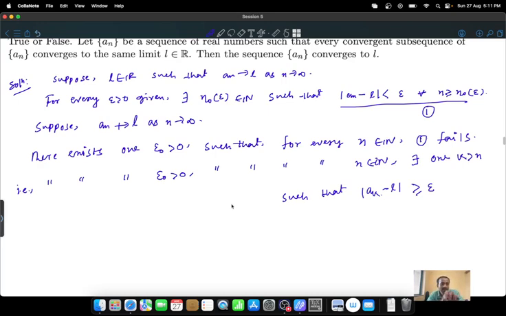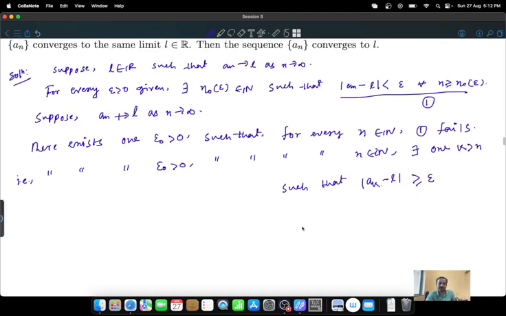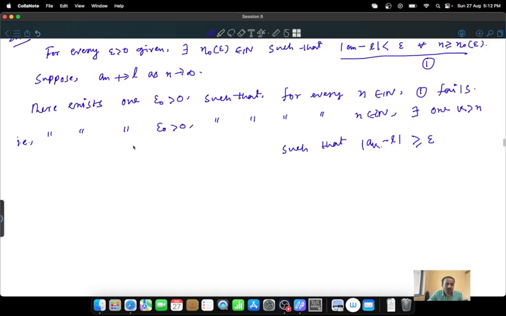So now if I read the complete line, there exists an epsilon, a positive real number, such that whatever natural number you choose, that is for every n belongs to N, you will be able to find at least one natural number bigger than the one you had chosen, such that |ak minus L| is greater or equal to epsilon, right? Yes, so this is the complete sentence. So let me write again.